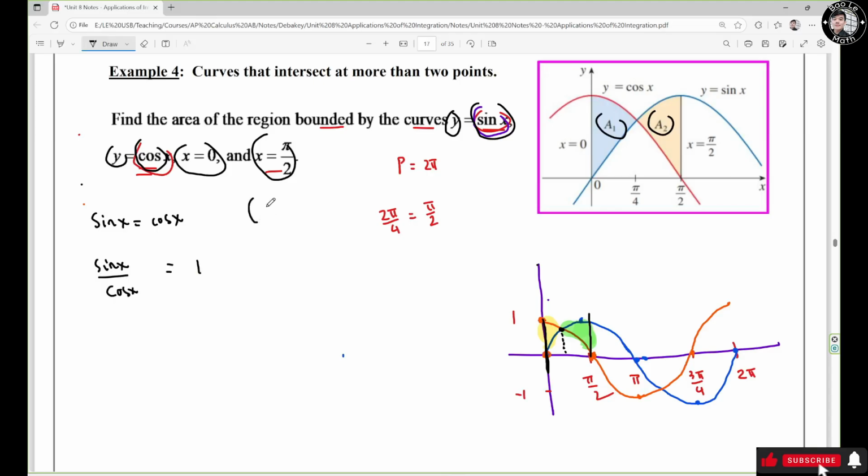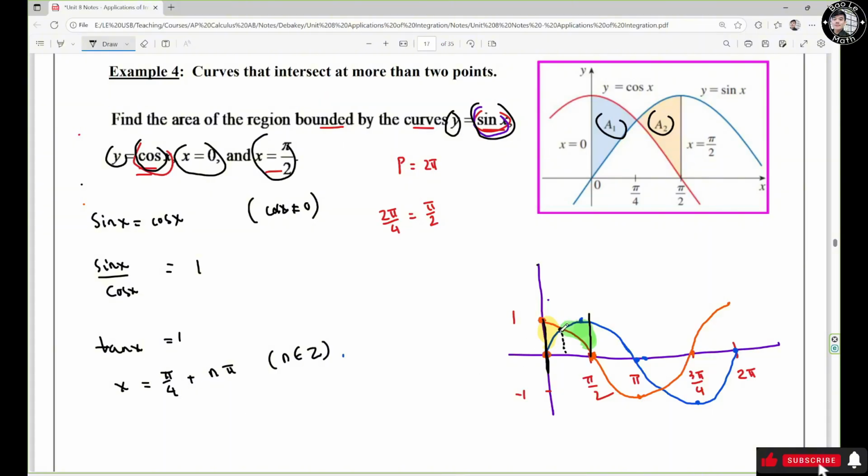Assume that cosine is not equal to 0, because if cosine equals 0, it's undefined. So tangent s equals 1, so you have s equals pi over 4 plus n pi, where n is an integer. Now if n equals 0, you get pi over 4.